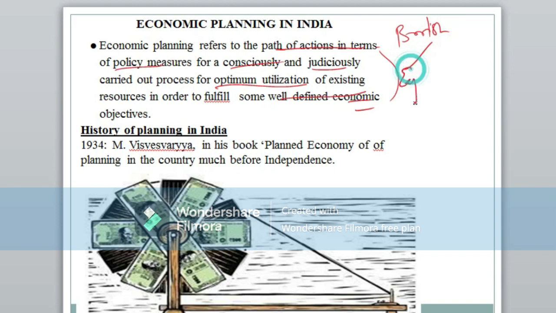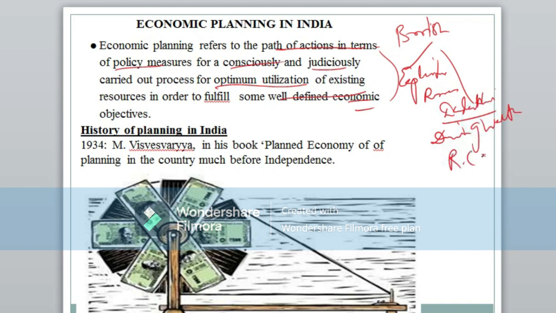The British government aimed at exploitation of the economy of India, exploitation of the resources of India. Dadabhai Naoroji famously wrote about this in his Drain of Wealth, and R.C. Dutt also wrote in his famous book. These books show how the British tried to plunder and loot in the exploitation of Indian resources.